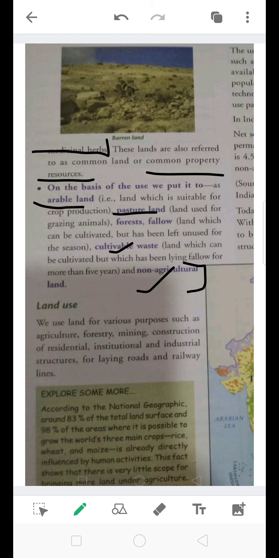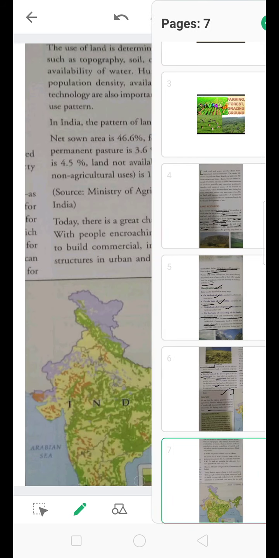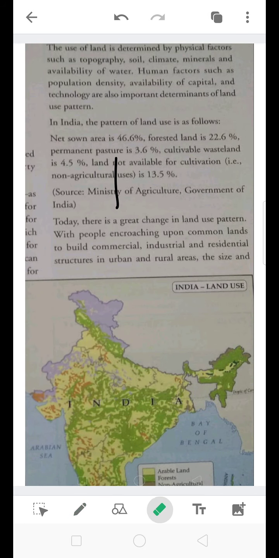When we talk about land use, we use land for various purposes such as agriculture, forestry, mining, construction of residential, institutional and industrial structures, and for laying roads and railway lines. So different uses are there of land. The use of land is determined by physical factors such as topography. Now, how can a person use land?